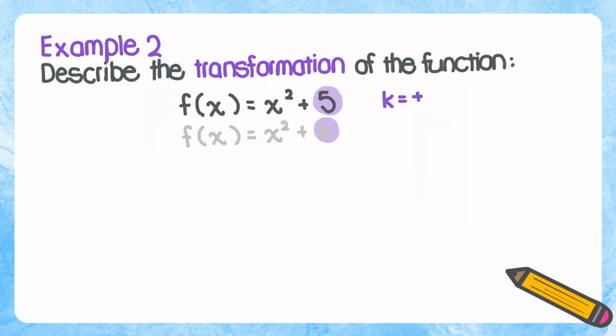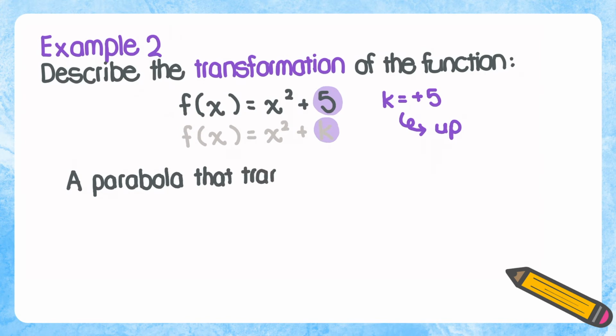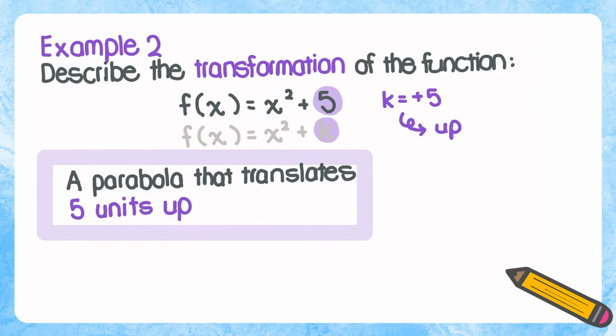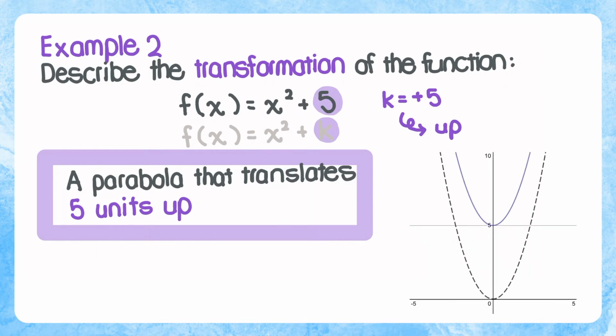So I know that k equals positive 5, so we will be moving up. So we need to provide the description. So again, we have a parabola that translates 5 units up because k is positive, as you can see in this graph.